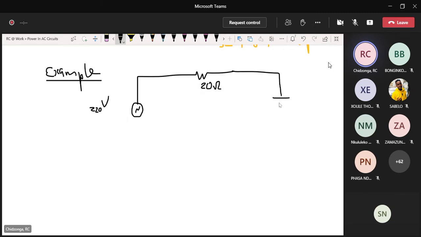Then there is a capacitor, and the capacitor is 60 microfarad. Let me change it to 80. I want 80 microfarad.